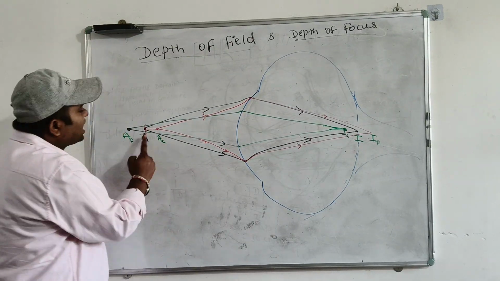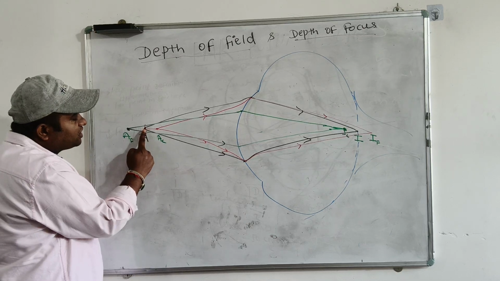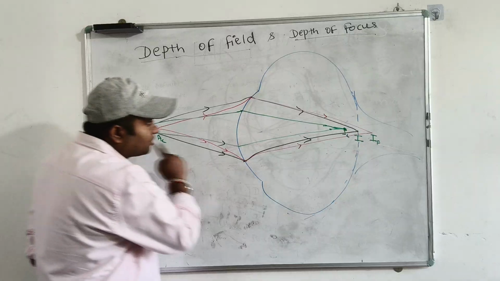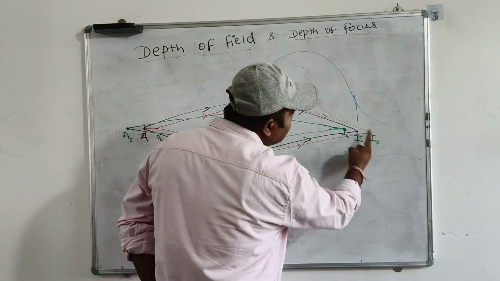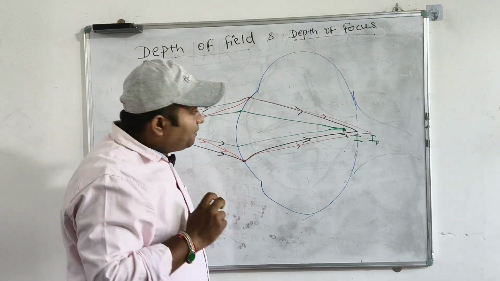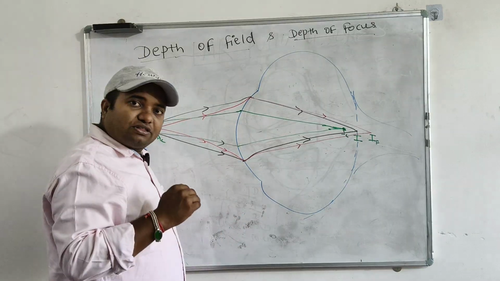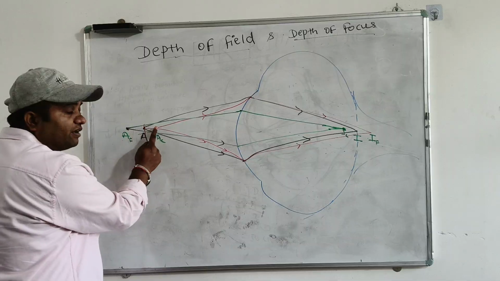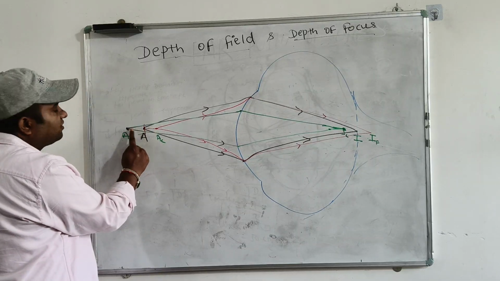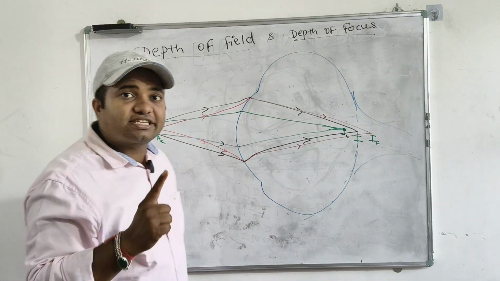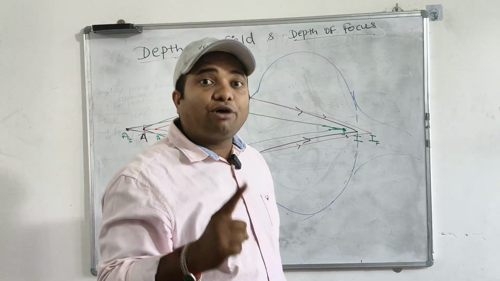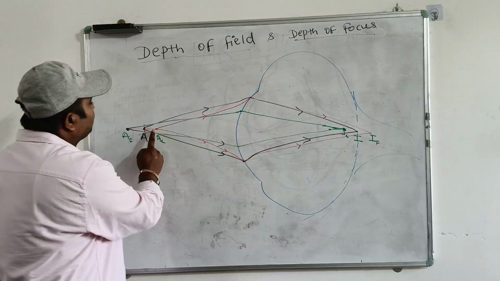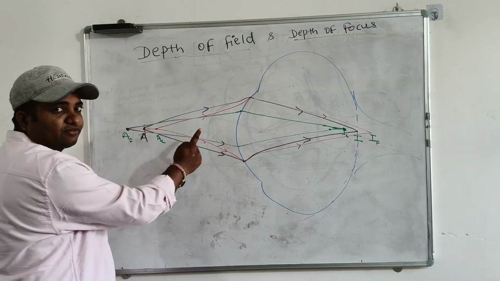But when you change this distance slightly closer or slightly farther, of course the light will focus slightly in front and slightly behind the retina, but then also the object is seen clearly. When you change the distance slightly, the object is still seen clearly without changing accommodation. That is the main point you have to understand. Because if you change accommodation, you can make it clear at any distance.